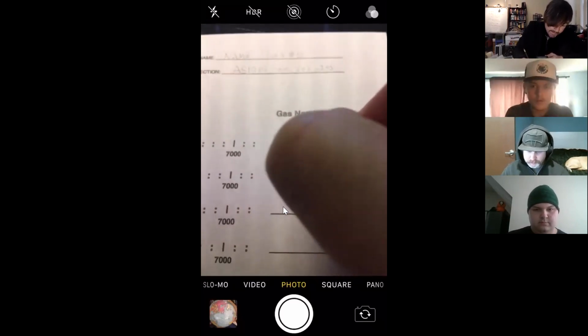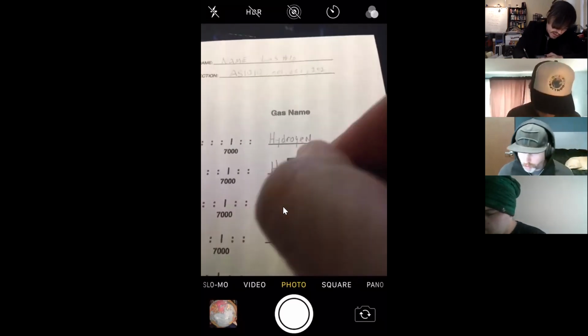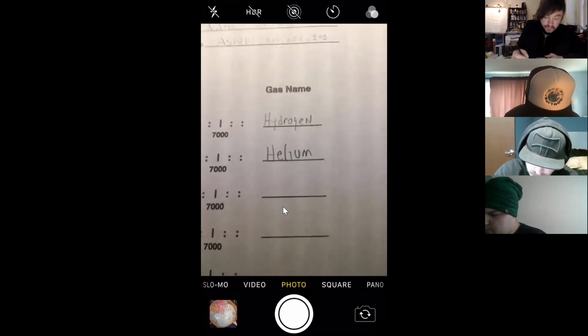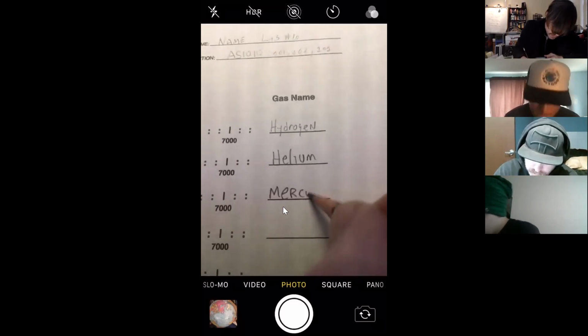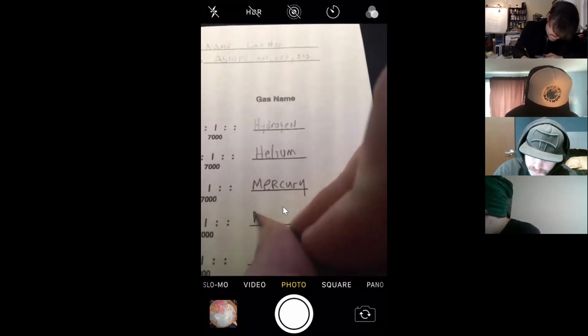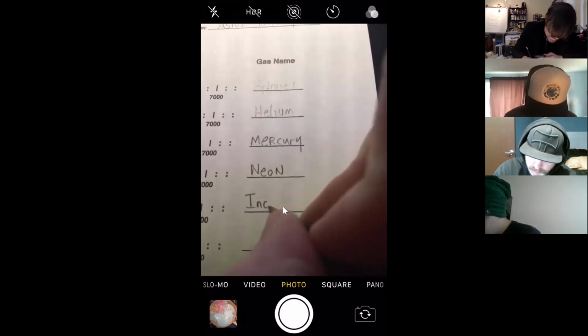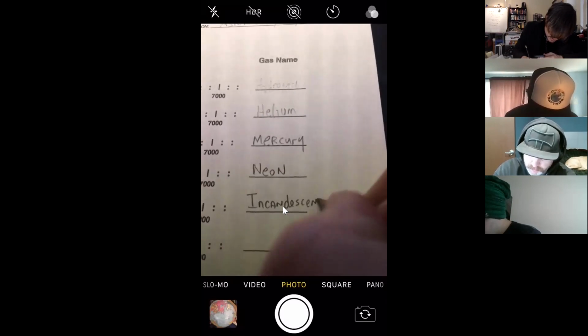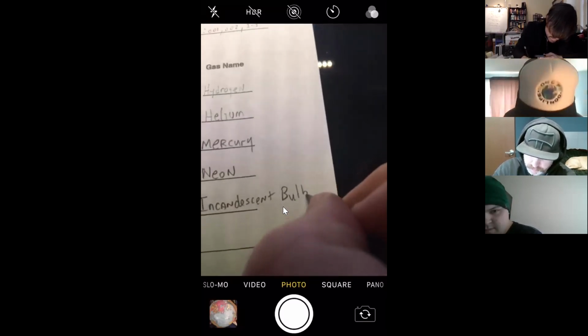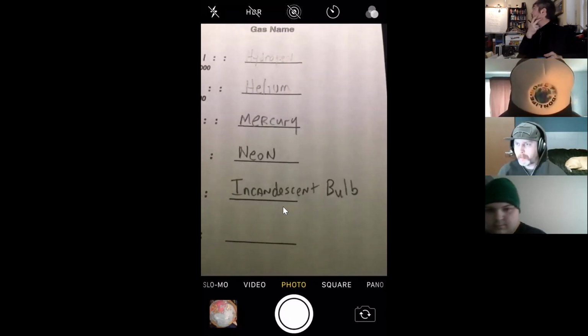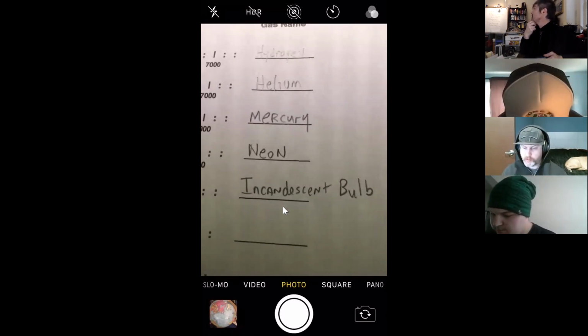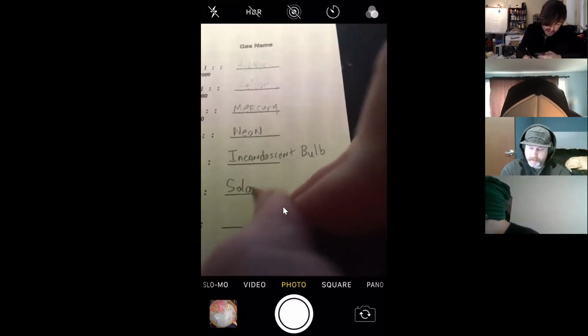We'd like to observe hydrogen, helium, mercury, neon. I'd like us to look at an incandescent bulb. I used to have us look at a fluorescent bulb, but I don't think I have one here in my apartment. We'll also try to look at the solar spectrum. That'll probably keep us busy.